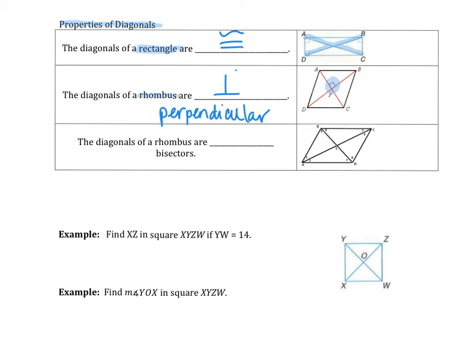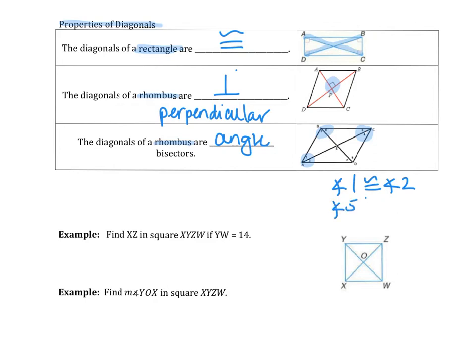And then this last one, the diagonals of a rhombus are also angle bisectors. So they cut my angles at each of the vertices into two congruent angles. Angle 1 is congruent to angle 2.